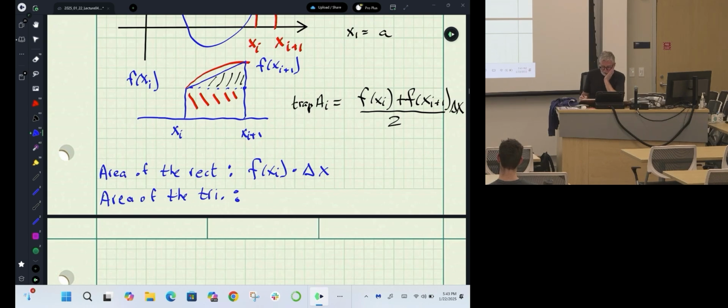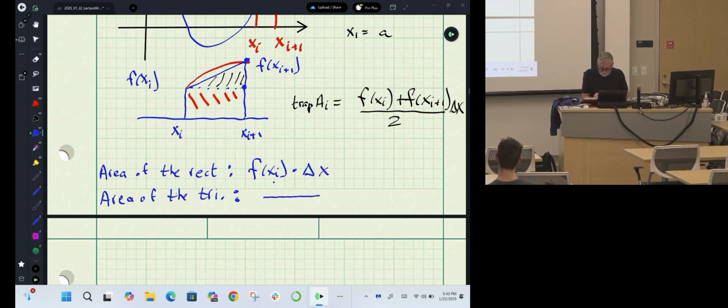Okay, so what's the height of this triangle? It's this point minus this point. So it's f of x sub i plus 1 minus f of x sub i. Then we multiply by the width, that's still delta x. Then we divide by 2. That's the area of the triangle. I need some parentheses here.